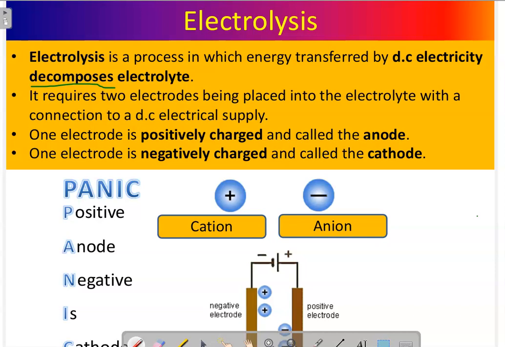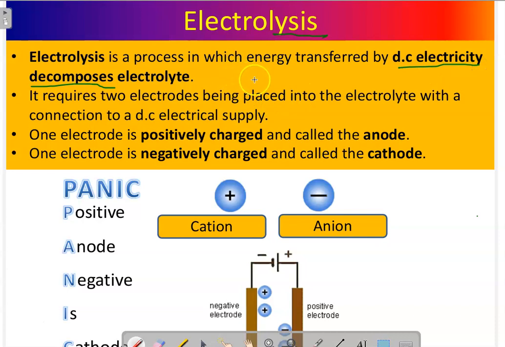Once they are molten or dissolved in water, remember we said they can carry electricity. So in electrolysis, what we are trying to do is to split the electrolyte into its constituent ions by passing electricity through it. Now, the word lysis here is a Greek word which means to split.